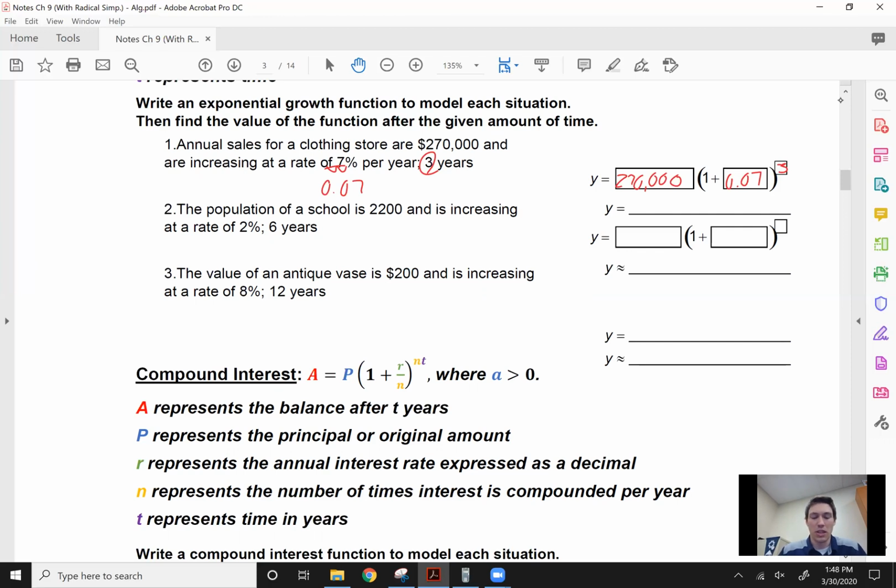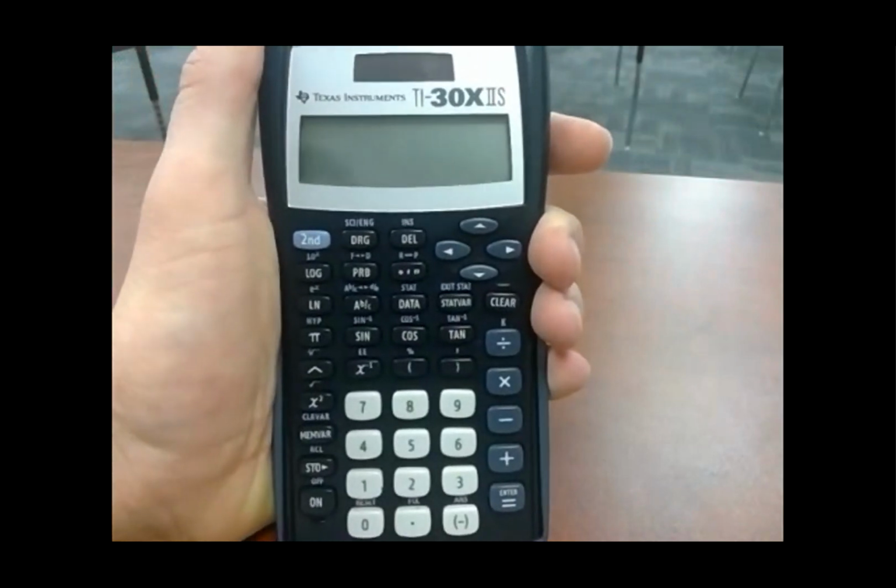Now I just simply plug that into my calculator. Let me show you what that looks like. All right.